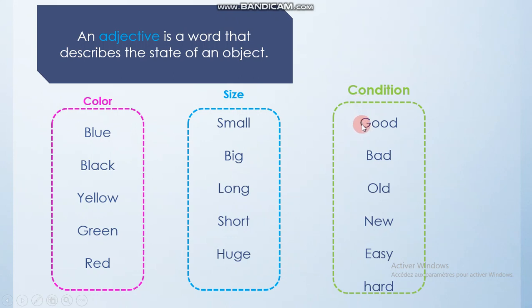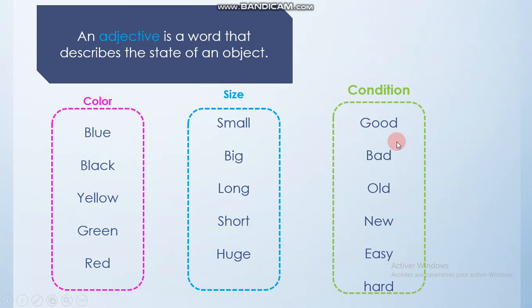And we can also use adjectives to tell about the condition of an object. So I can tell you good. For example, this ice cream is so good. It tastes good. So here I am telling you about the condition of the ice cream. Bad, for example, when you say something is bad, it means that you don't like it or it doesn't work appropriately.